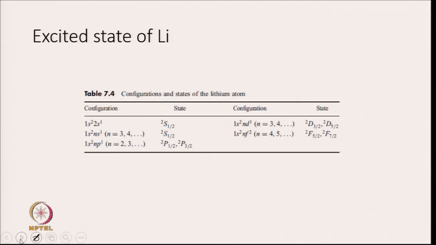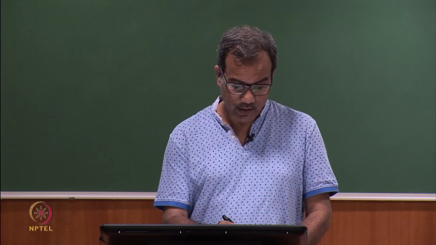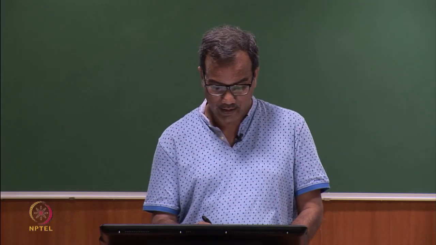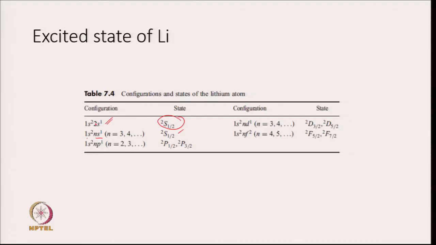So, if you look at lithium, what is the ground state? 1s2 2s1, and that state is 2S 1/2. When the excited electron goes to the p state, then you have these 2 terms.